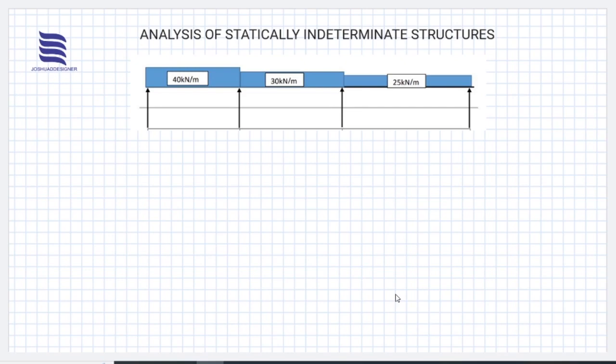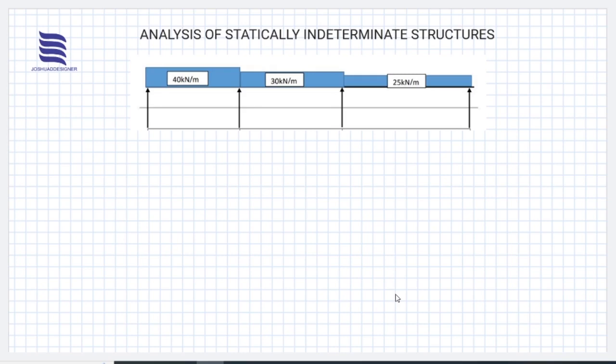To identify statically indeterminate structures, we look at when the number of forces exceeds the three equilibrium equations. Of course, by now we should know what the three equilibrium equations are.